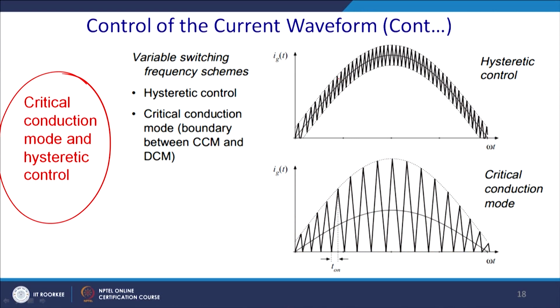Moreover, the design of the boost inductor becomes easy. Once you go for this hysteresis control, your switching frequency is not fixed, but you can have some added advantage, though it is limited to some percentage. You can approximate it like that, and thus you got a hysteresis control. This is a hysteresis control.